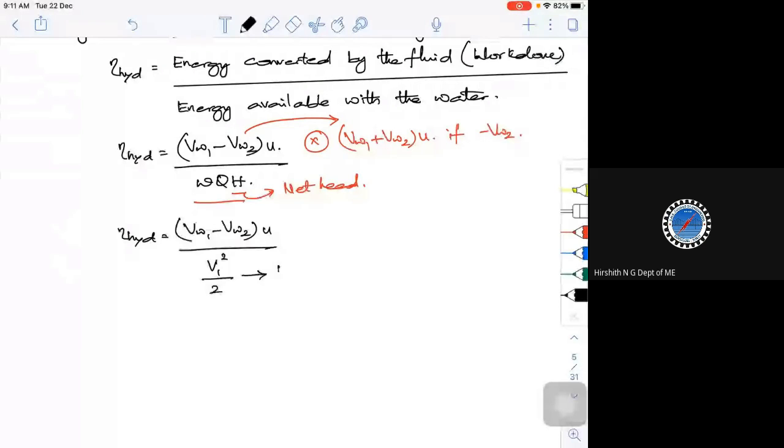This is your pure kinetic energy, under the condition where it is a pure impulse turbine. If I want to express it in terms of discharge and head, I'm going to get that particular energy, which is omega QH. So this is the first efficiency.